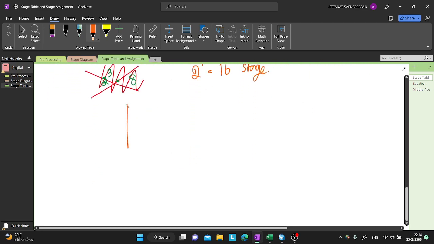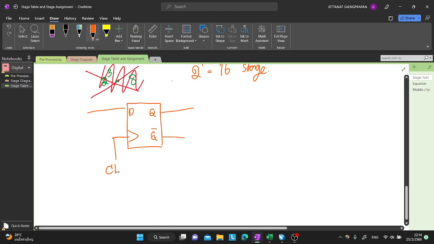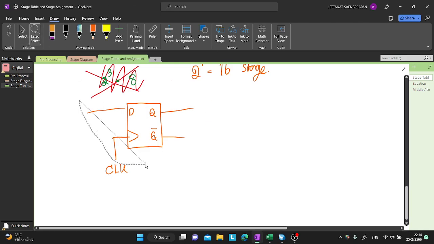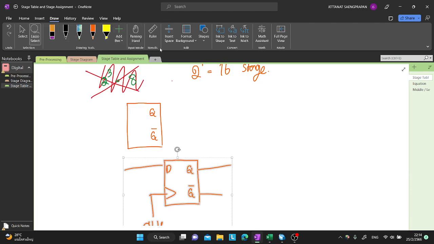The D flip-flop will be like this and has a clock.